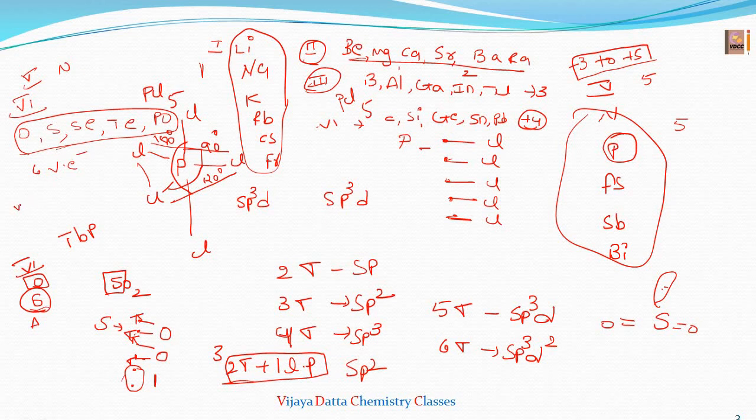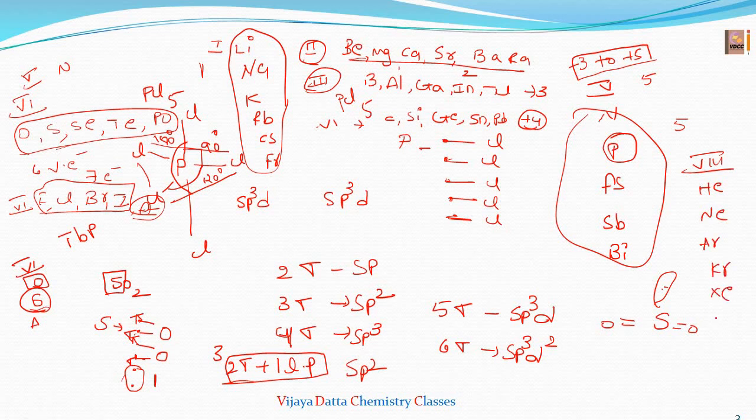Now come to the seventh group. Everybody knows this belongs to the halogens: fluorine, chlorine, bromine, iodine and astatine. Astatine is a radioactive element, so we consider fluorine, chlorine, bromine and iodine. They have 7 valence electrons. The 8th group elements are helium, neon, argon, krypton, xenon and radon.